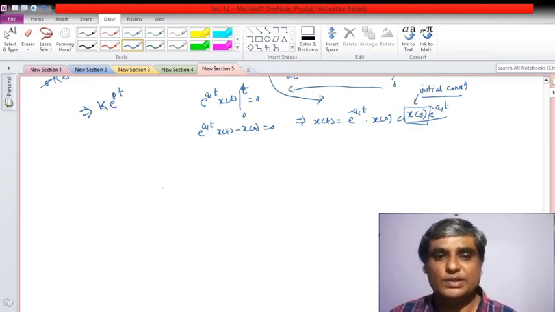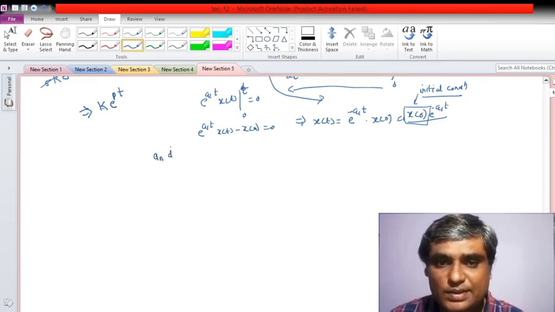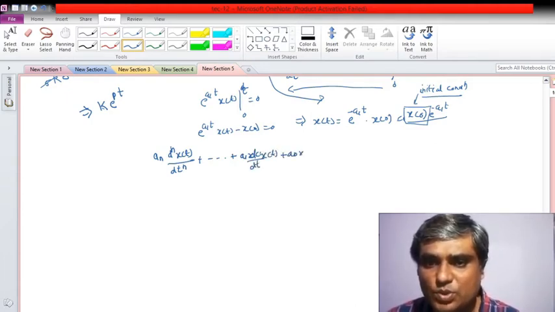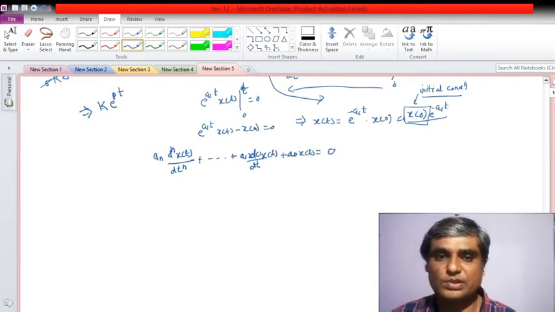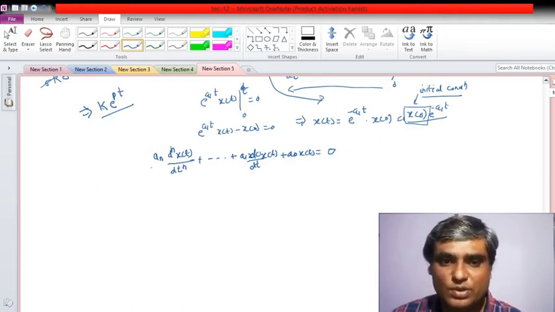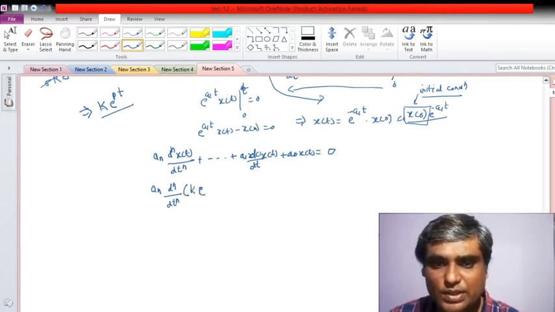Suppose I have the nth order ordinary differential equation, and let me write it: an dn x of t upon dt raised to n, and so on, plus a1 d dt of x of t plus a0 x of t, and there is no forcing function, which means it will be 0. Now put this solution k e raised to pt into this differential equation. So what I can write is an dn dt raised to n, and what is x of t? K e raised to pt.